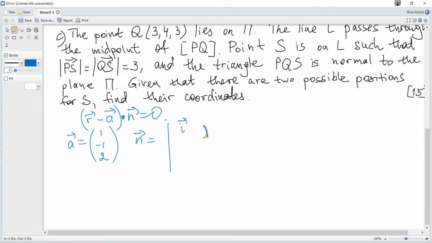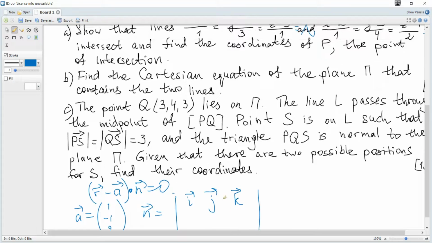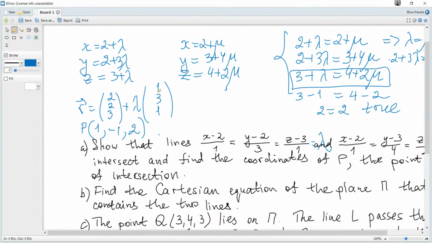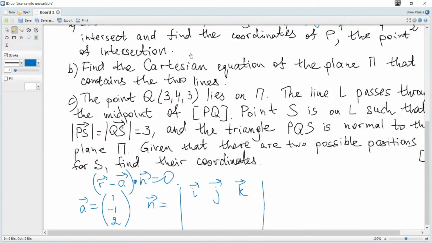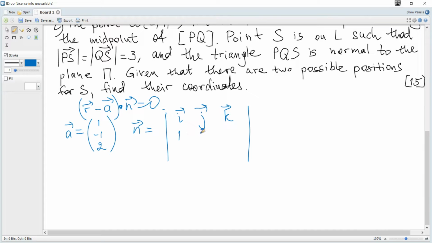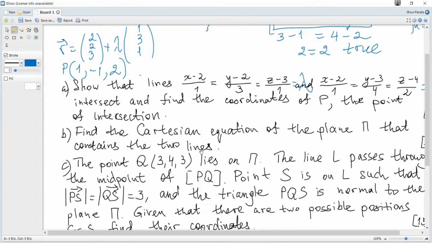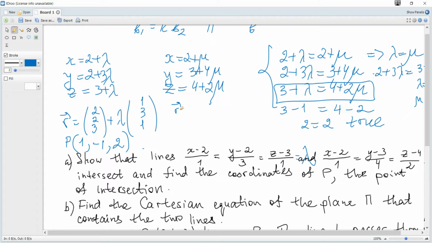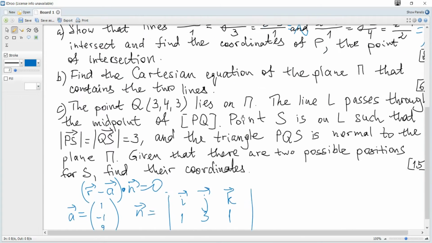I use another formula. It's the determinant of the next matrix: i, j, k, the first direction vector (1, 3, 1), and the second direction vector (1, 4, 2).